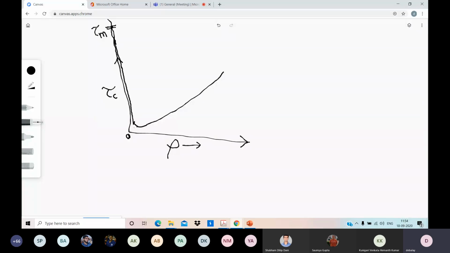When few dislocations are there, then you are assured that any one of them will get sufficient resolved shear stress to move. As a result, this curve initially decreases.